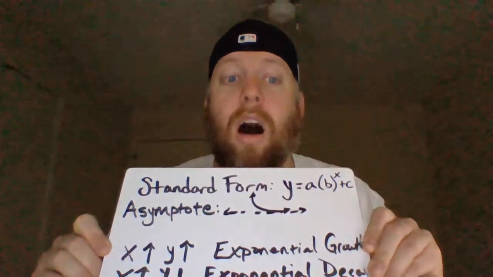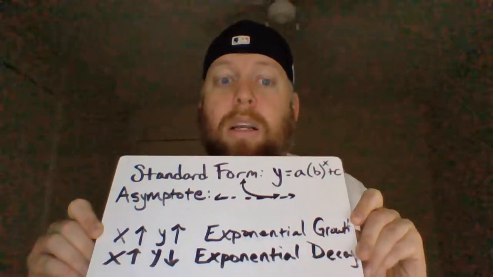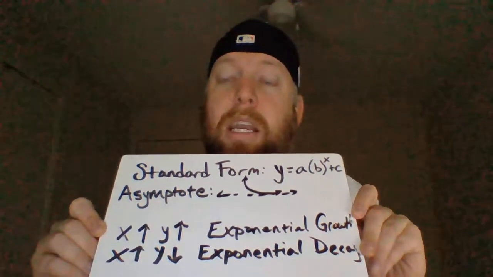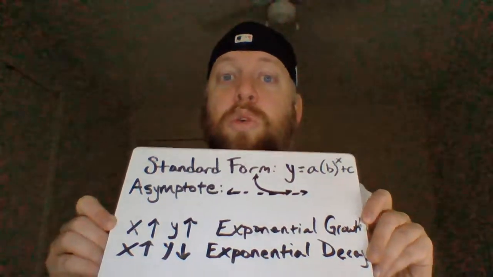X is usually time. So when time passes by, the population either increases or decreases, okay? So when X increases and Y also increases, that's called exponential growth. And when X increases and Y decreases, that's called exponential decay, okay? Those are the two scenarios we're going to be talking about: exponential growth and exponential decay.